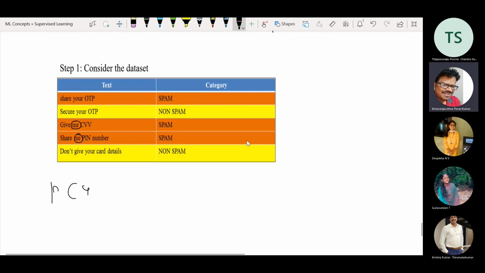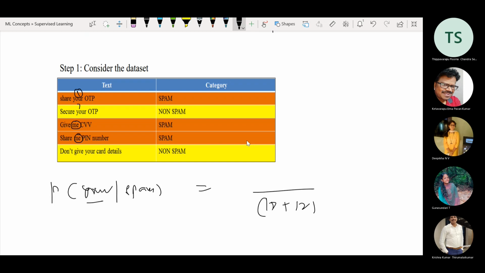Now what should I calculate? Send me your. This remains the same, 10 words, 12 distinct words. Your: how many times repeated? Only one time, friends, plus alpha here to avoid the zero probability. 2 by 22, again that is 0.090.